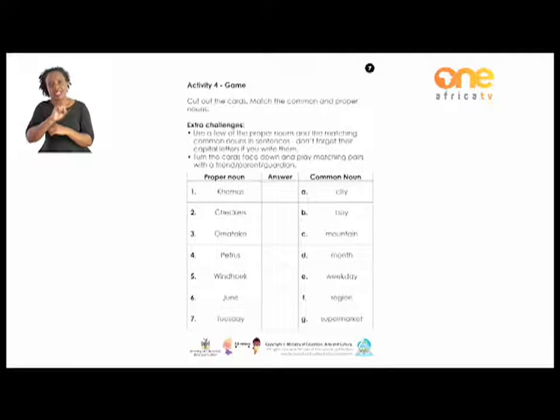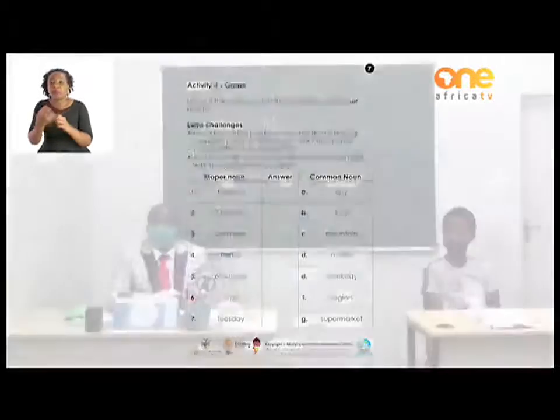So, you continue from number 3 up to number 7, finding the corresponding words. Remember, you first cut them out into cards, then you open them up and try to match them. Just like the example that I've given for Commerce Region and Checkers supermarket. Okay, if you have problems, you should ask.